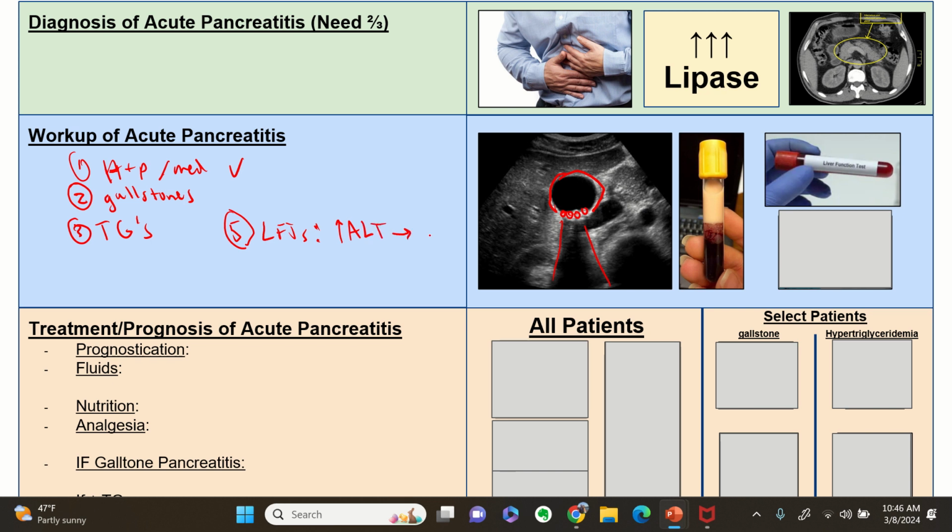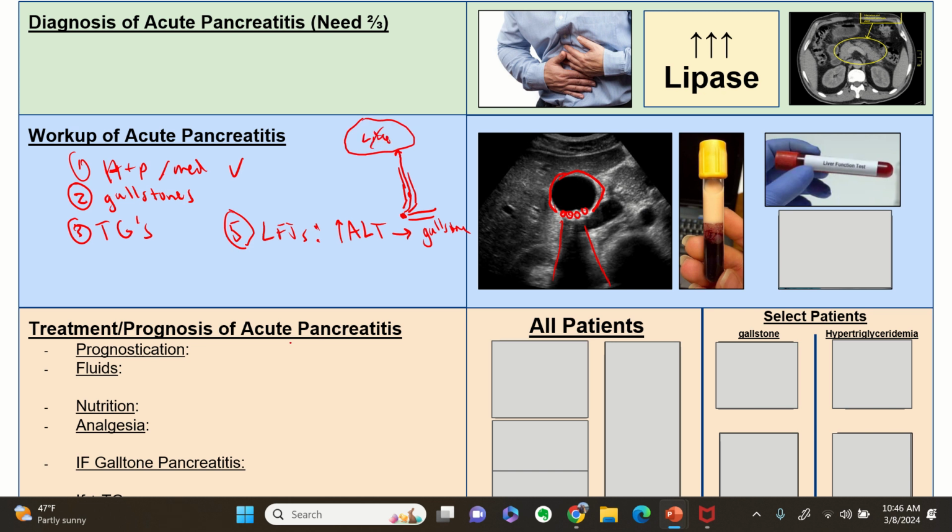That really increases your risk of gallstone pancreatitis. And the reason why is it means that probably a gallstone got stuck in the common bile duct and pancreatic duct. That caused subsequent congestion, which then caused a little bit of liver damage, right?